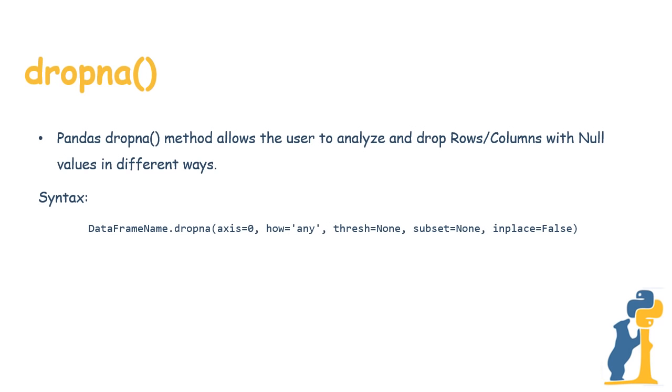Okay, now let us see dropna. The dropna method is used to drop the rows or columns with null values in different ways. For that we use the data frame name dot dropna.